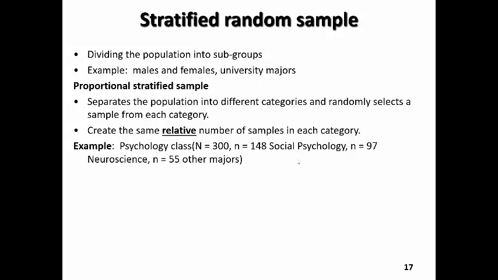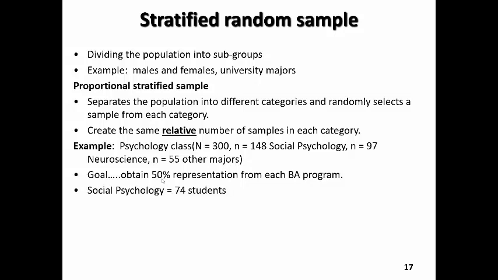So we're dealing with a different number of units, cases, or people in these different categories. With a proportional stratified sample, the goal is to obtain 50% representation from each of these 3 BA programs. Now, this number could be 60%, it could be 30%. It's really dependent upon the decision of the researchers.